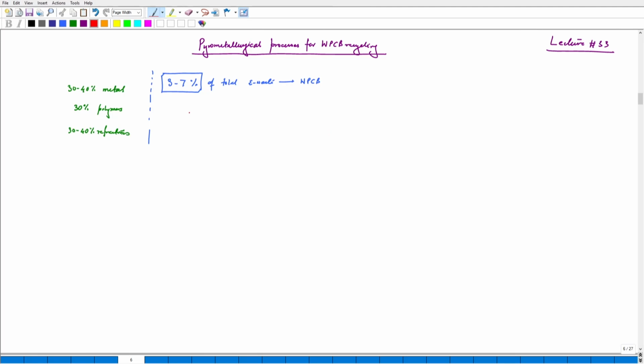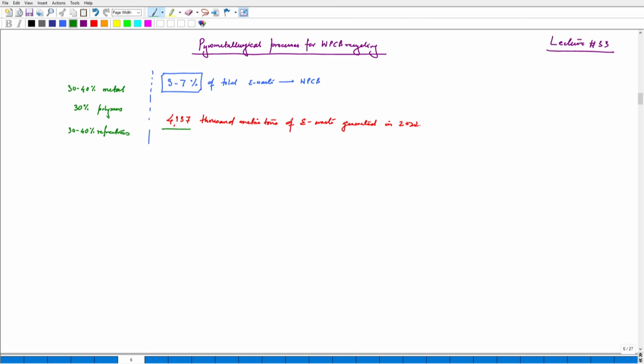And considering the case of India, this is the quantity: 4,137,000 metric tons.